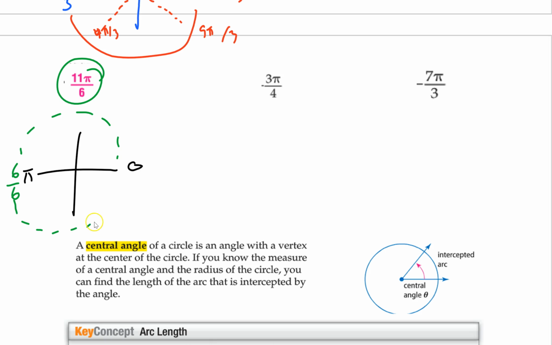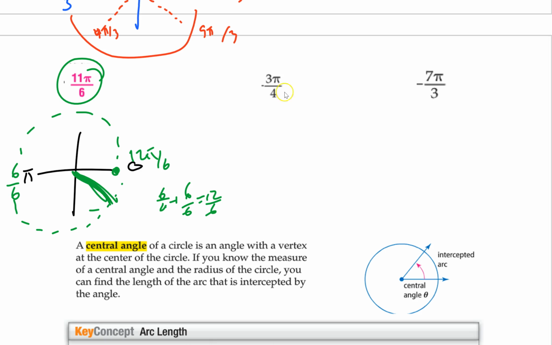If I go around in a full circle again, that's 6 over 6 plus 6 over 6, which is 12 pi over 6. In this case, it's 12 over 6. So I want to go to 11, right? So 6, 12, I'm a little short. I just need 11. It should be right here in quadrant 2. That's all I care about. I care what quadrant it's in.